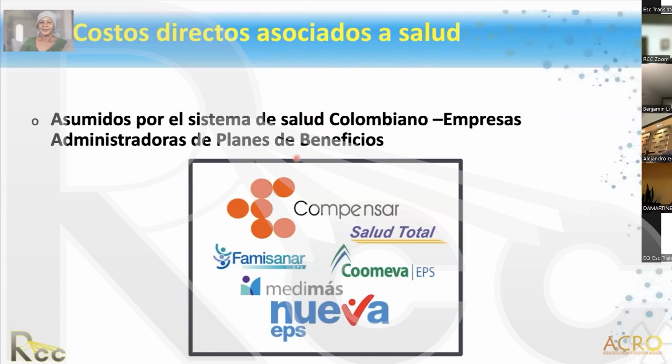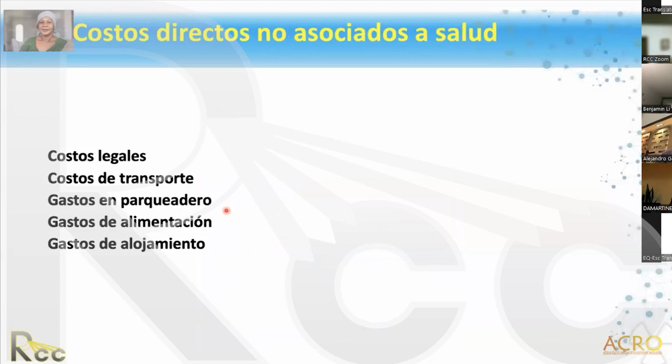Patients should not pay for treatment. Insurance in Colombia is close to 98%. 98% of the population in Colombia is affiliated to a solidarity health system. There are companies that manage healthcare, and they are the ones who are going to pay the direct cost of treatment.